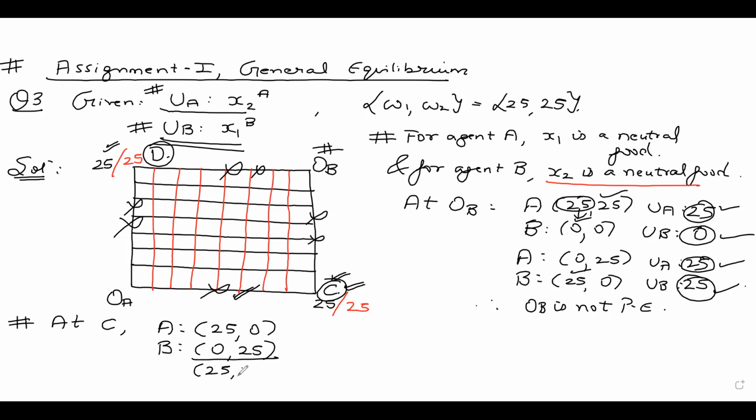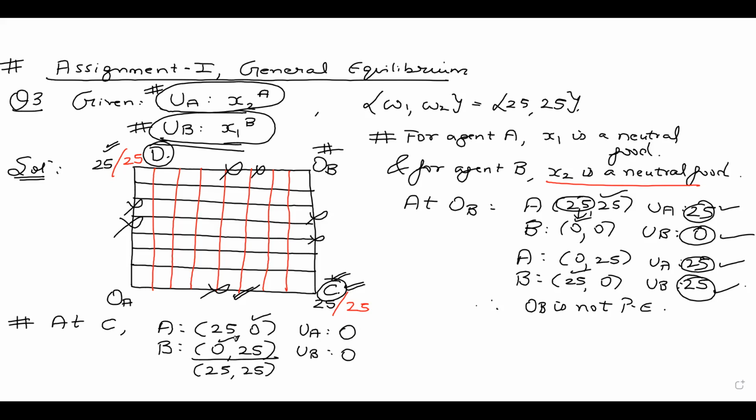If A has 25, 0, automatically B has 0, 25. Utility which A gets from its own bundle is 0. Utility which B gets is 0. Because A gets utility only from good 2, B gets utility only from good 1.